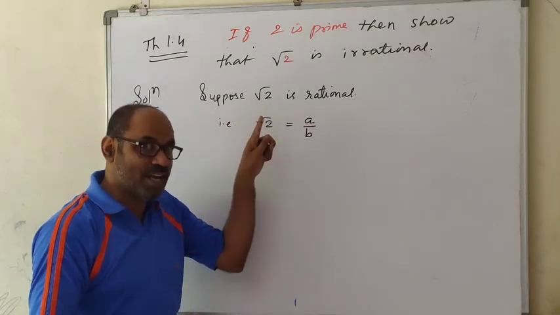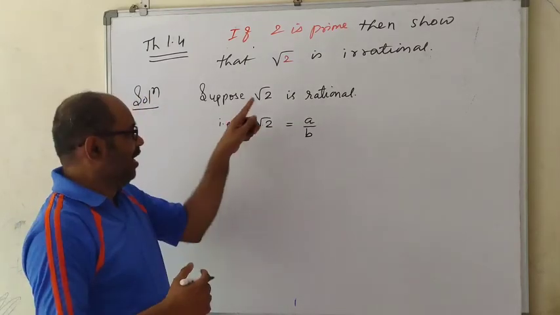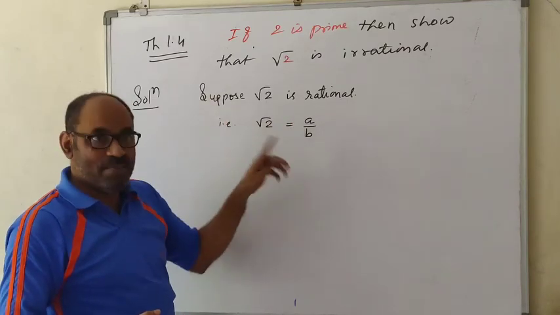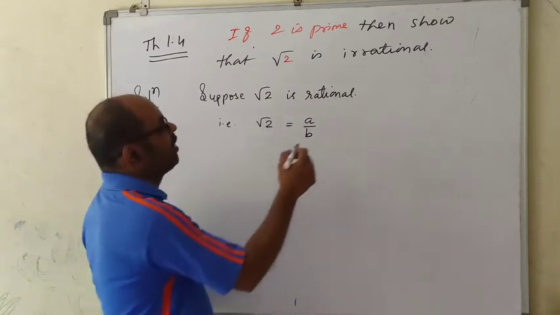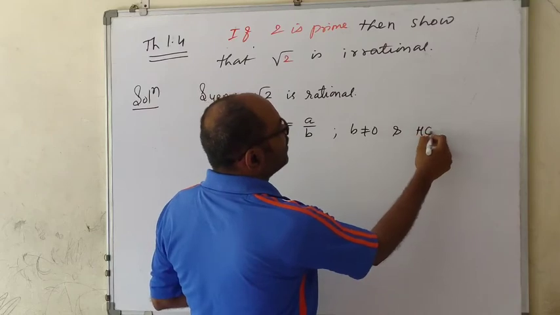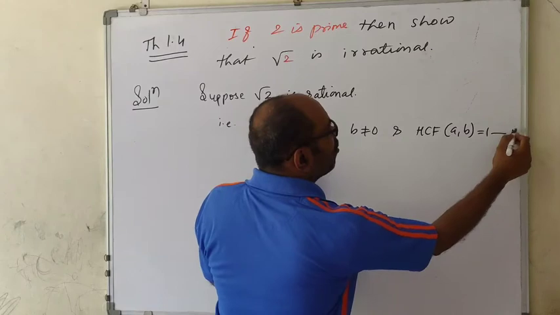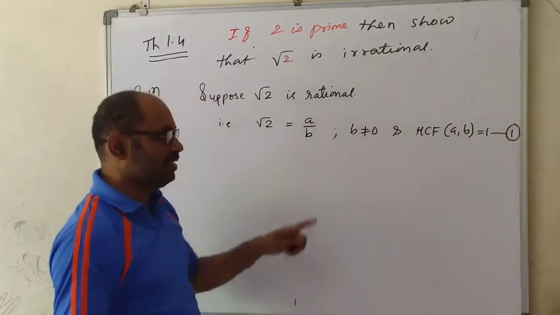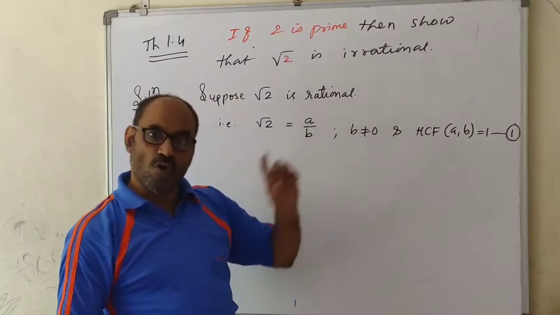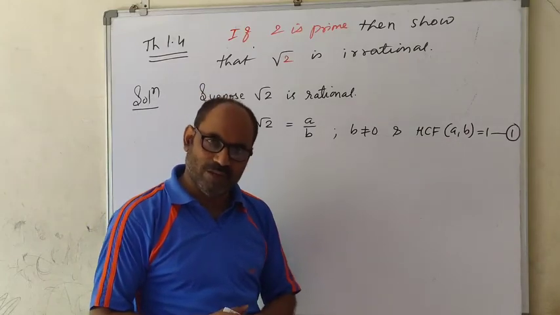If root 2 is rational number, then it can be represented in a upon b form under the condition where b is not equal to 0 and HCF of a and b is equal to 1. Call it result 1. Or you may say where a and b are co-primes, or you may write HCF of a and b equal to 1.